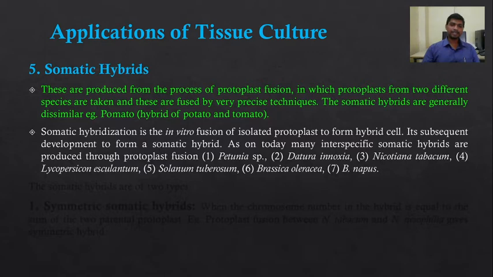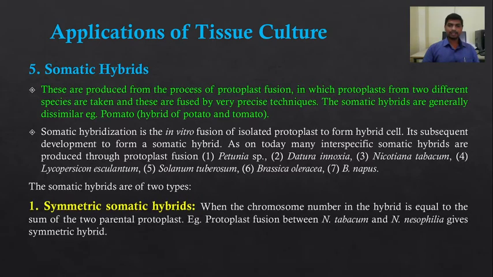The somatic hybrids are of two types. Symmetric somatic hybrids: the hybrid is called symmetric when the chromosome number in the hybrid is equal to the sum of the two parental protoplasts.